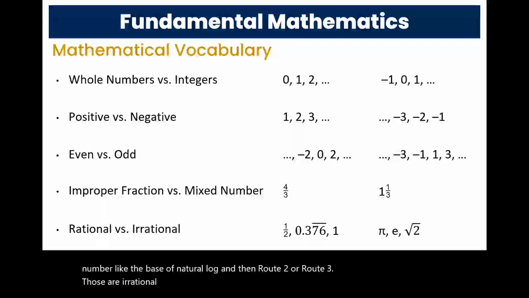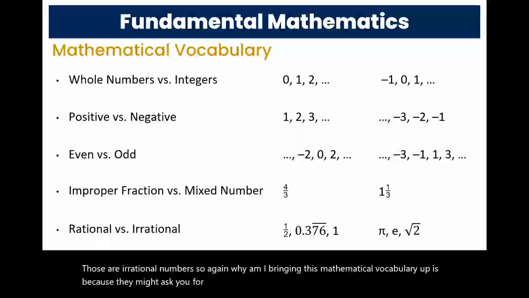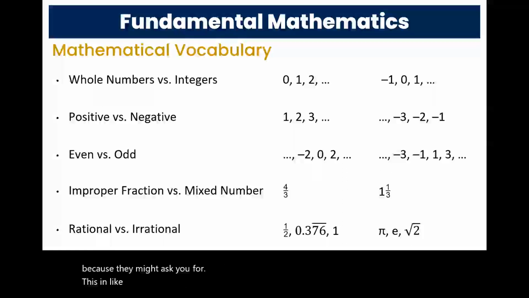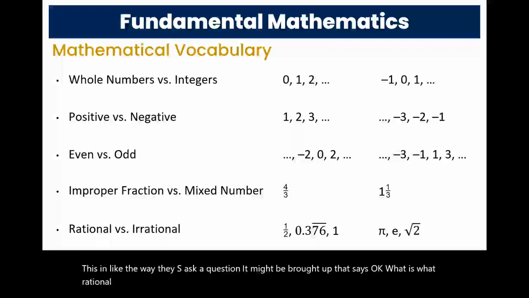So again, why am I bringing this mathematical vocabulary up is because they might ask you for this in the way they ask a question. It might say, okay, what rational number, blah, blah, blah, or which irrational number solves this equation, or things like that. And so you've got to know what the difference of those things are.